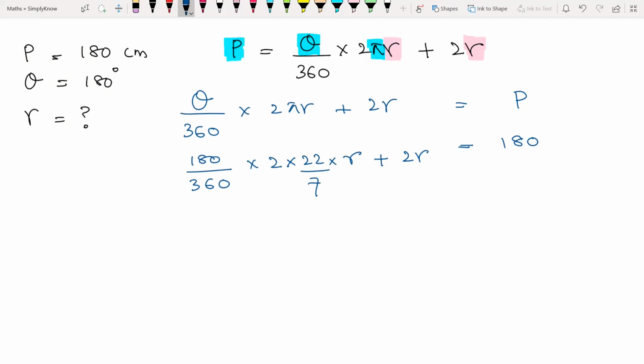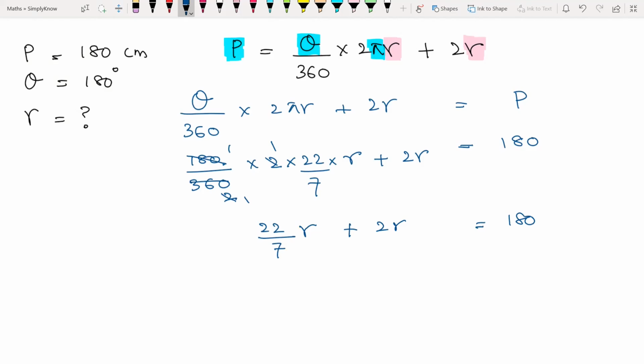Now here I'm going to simplify this. 180 divided by 360 is a half. Then these 2's I can cancel. After that, I write the remainings. 22 over 7 r plus 2r equals 180.